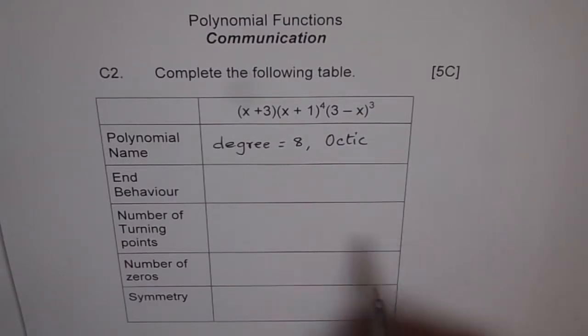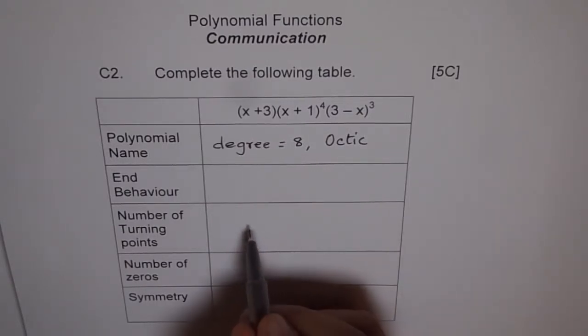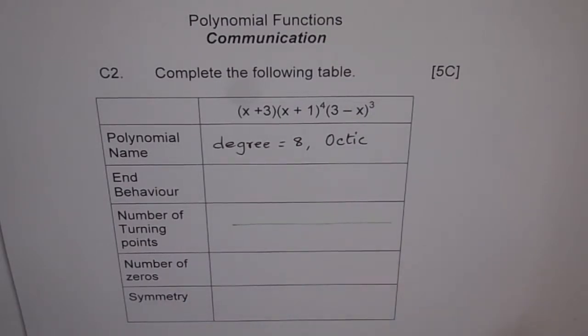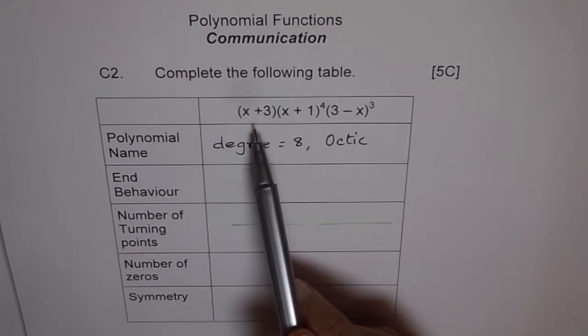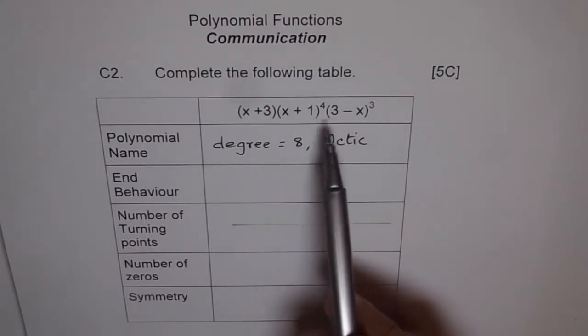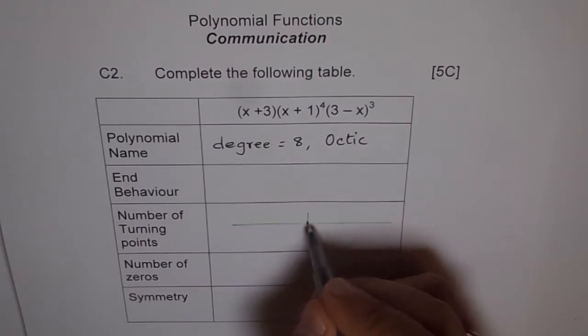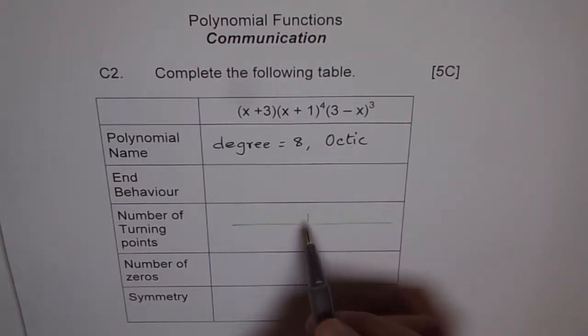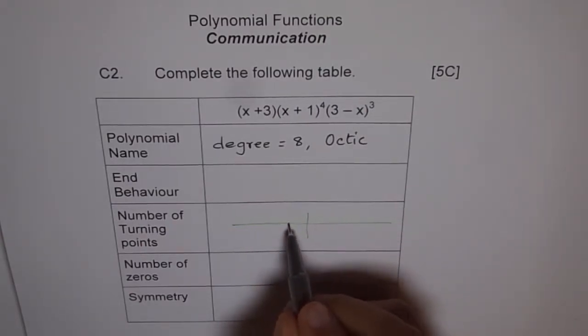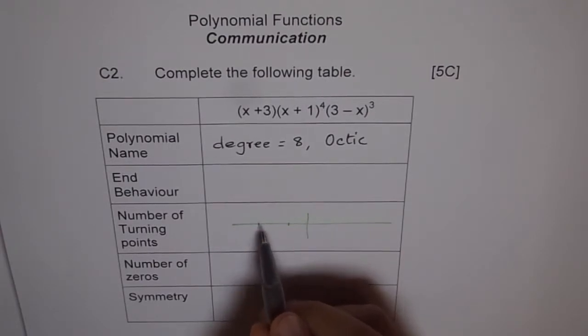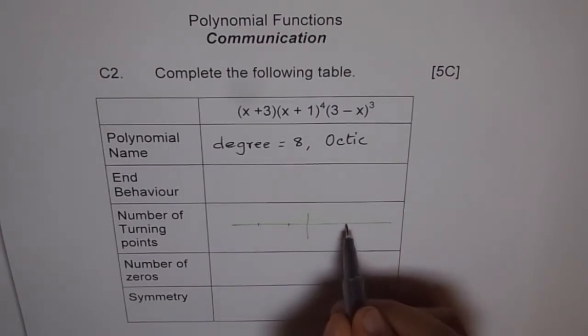So let me make a light sketch right in the center of this. So here we have zeros at -3, -1, and at 3, right? So let's say these are our zeros. This is at -1, this is at -3, and this one is at +3.